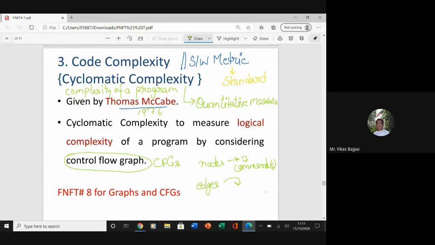These edges, which are connecting two nodes, are nothing but the control flows. We can also apply cyclomatic complexity to individual functions, or to several functions, f1, f2, and that can also be done. But here we'll look into the lines of code or the statements.